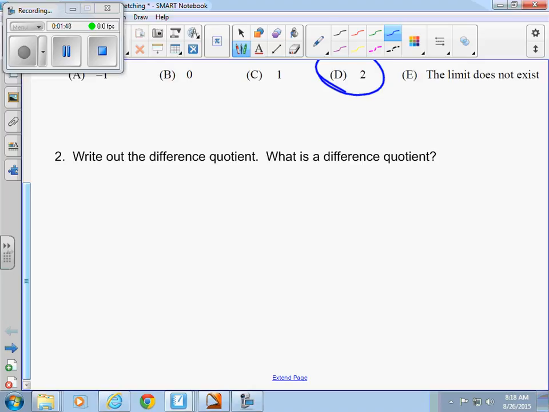It's close though. Nobody knows the difference quotient?